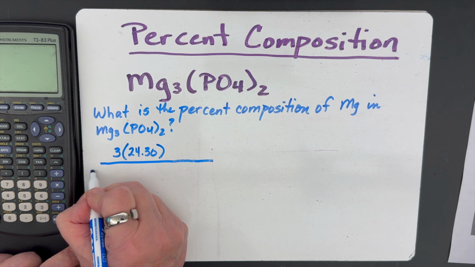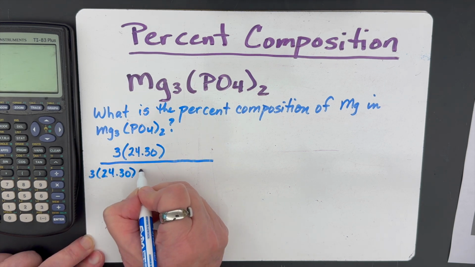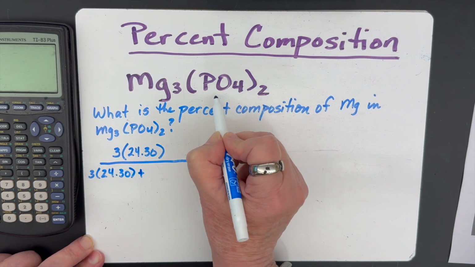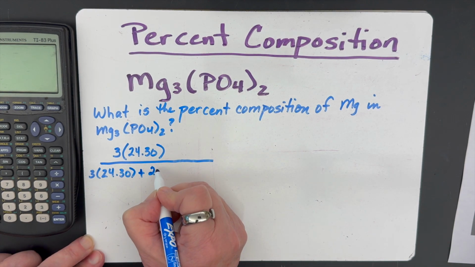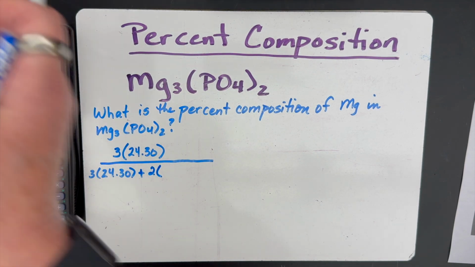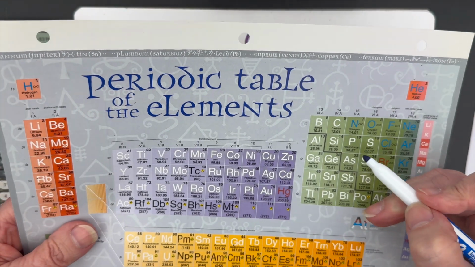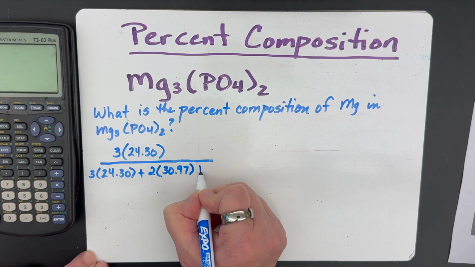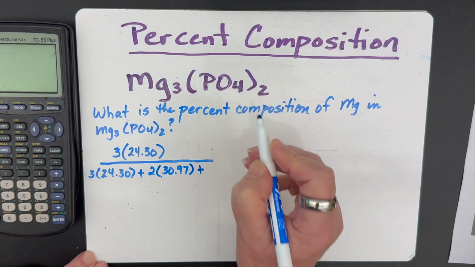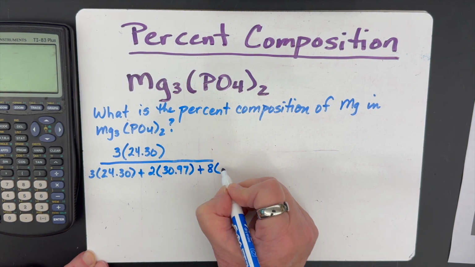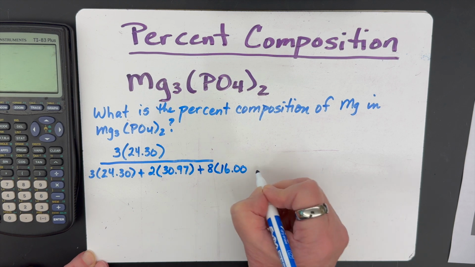So we have 3 magnesiums plus 2 phosphates, so 2 phosphorus. Phosphorus is 30.97, plus 2 times 4 is 8 oxygens, which is 16.